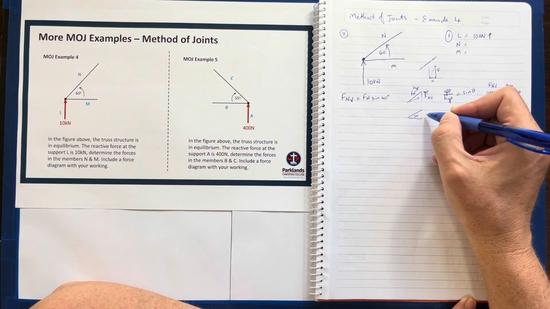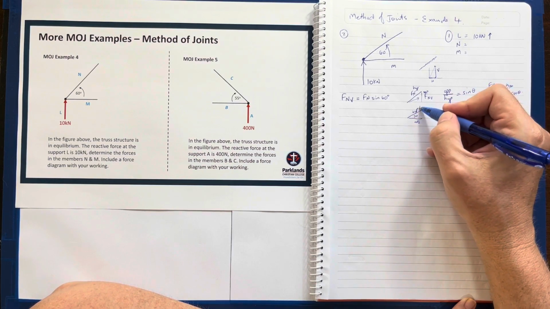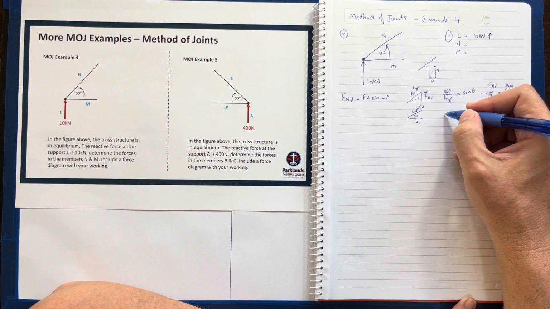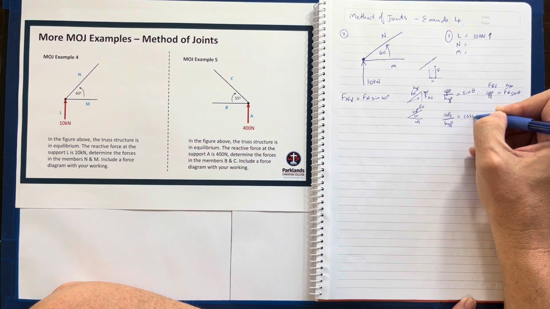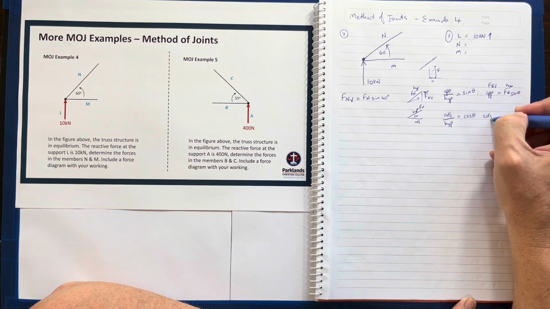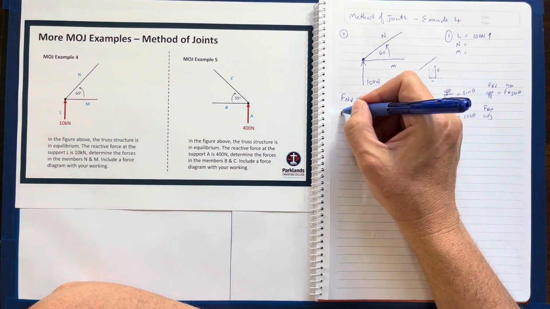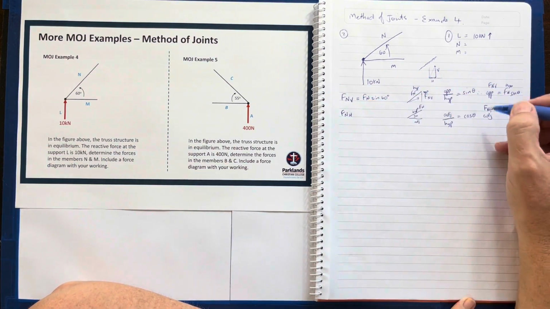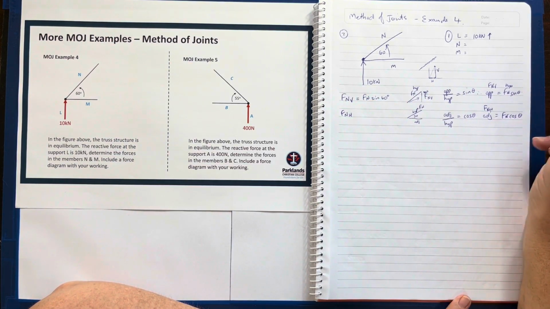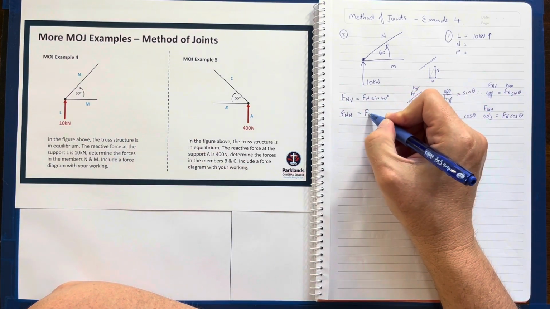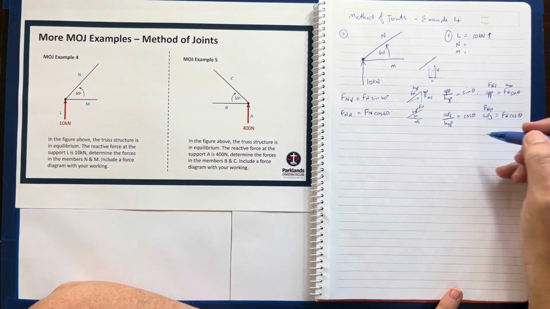If that's my angle, this is the adjacent, this is the hypotenuse. Adjacent over hypotenuse equals cos theta. My adjacent is my force N horizontal, so my force N horizontal will be force N cos theta. It's really simple.